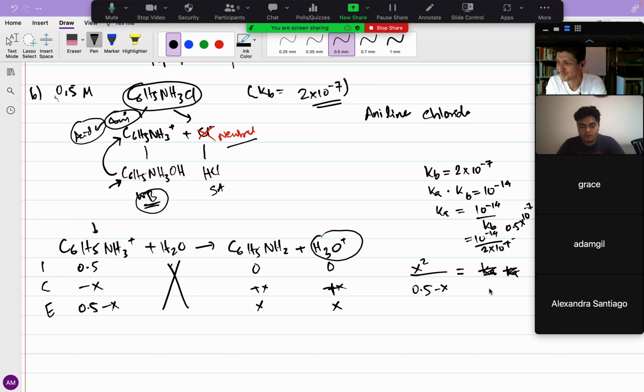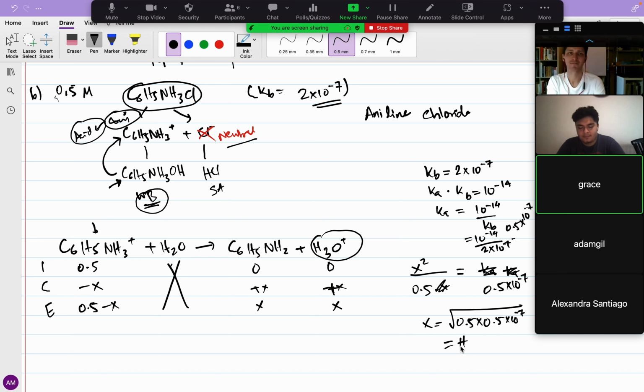Okay, good. 0.5 times 10 to the negative 7. Small enough so you can do a small x approximation, and so x equals 0.5 times 0.5. Just some number.